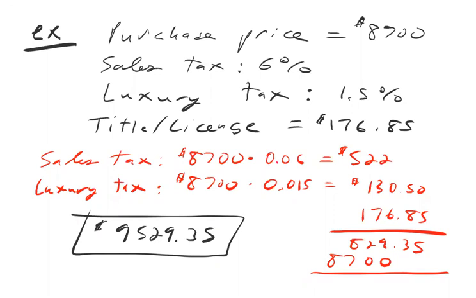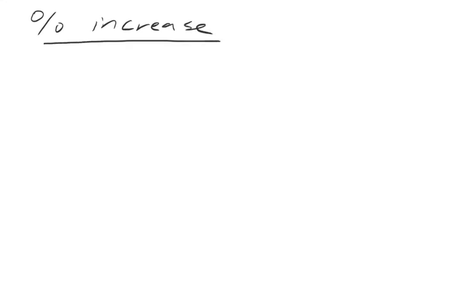Let's do some harder ones then. Well, before we do the harder ones, let's talk about percent increase. If you mark something up or you have a percent increase, what's the formula?